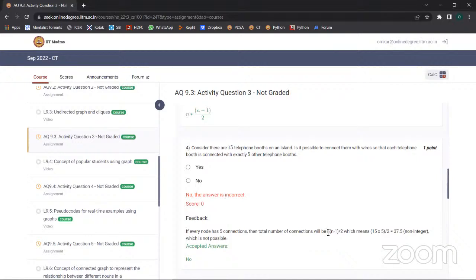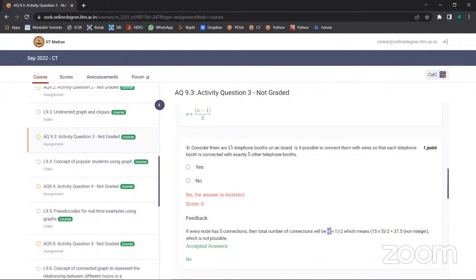That's the formula. But here we don't want to connect every node with every other node, so we need a modified version of this, which is the 15 into 5 part. Why is it n into n minus 1?